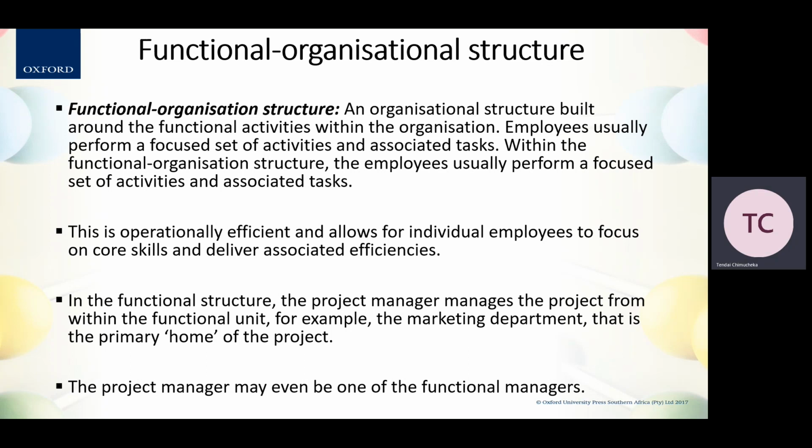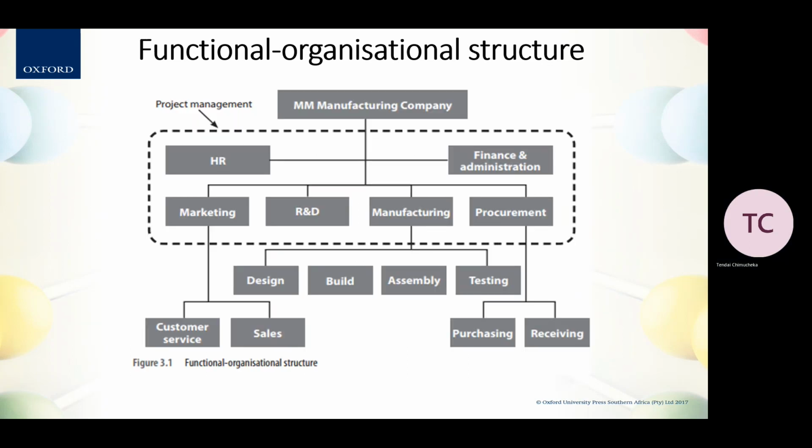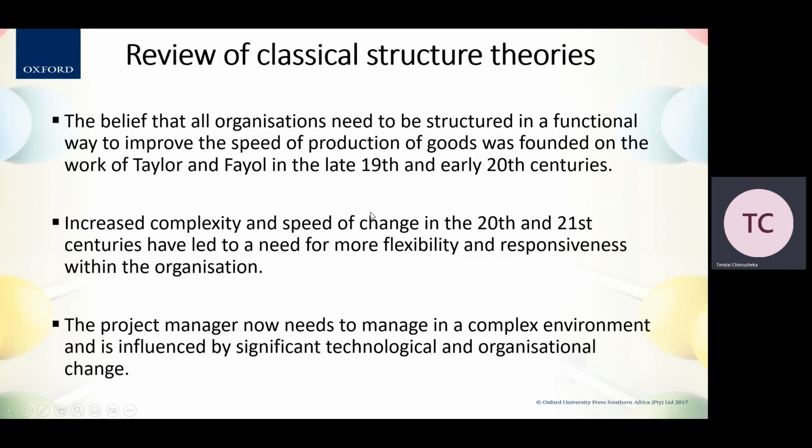This structure is seen as operationally efficient and allows individual employees to focus on core skills and deliver associated efficiencies in the organization. This is an example of a functional organizational structure based mainly on the functions of the organization.